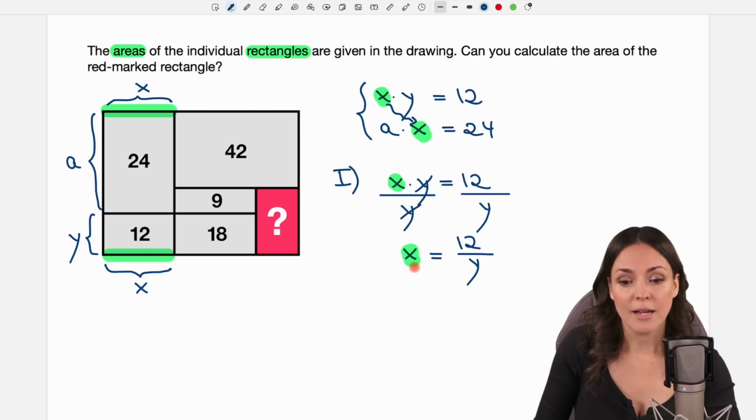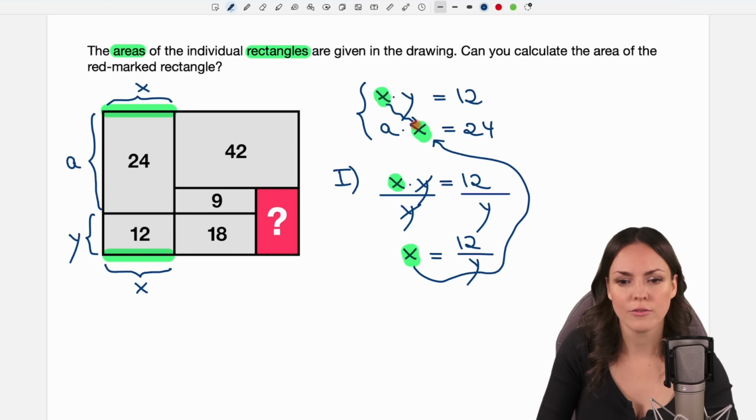This is my x. I'm going to insert it now into the second equation here for my x. So in the second equation, I have a times, instead of my x, I'm going to write 12 over y, and on the other side, I have the 24.